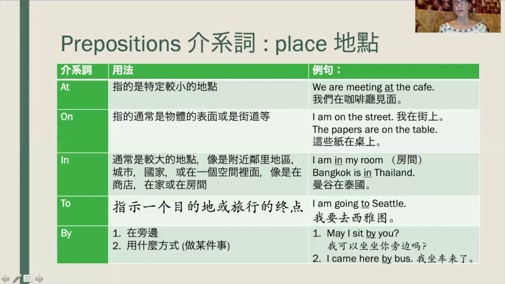See, because you're not on the cafe, you're not actually on the surface of the cafe. When you're walking on the street, feet on the street, you're on the street. And the papers are on the table. So we meet at the cafe, the papers are on the table, and I'm on the street. I'm at the house, I'm on the street.